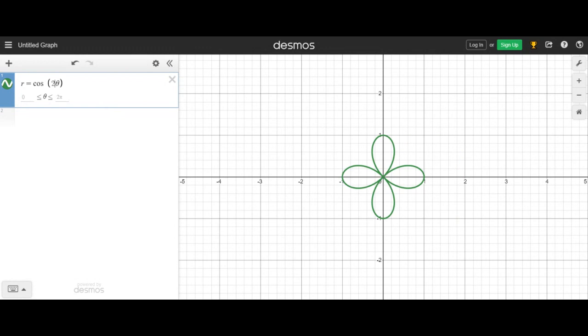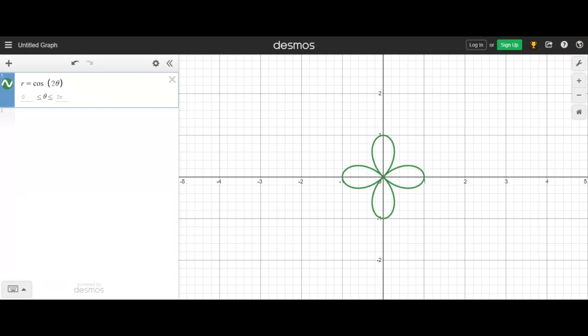How about that? How many are liking that? 4-leaf clover. That's a polar graph. r equals cosine 2 theta. Give me a thumbs up if you like that. Yonatan's liking that. Clea's liking that. Susanna. Yeah, there you go.